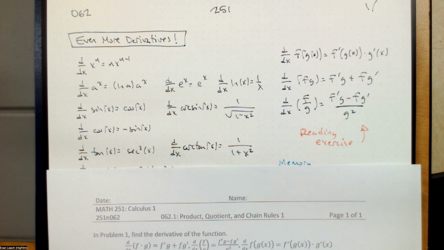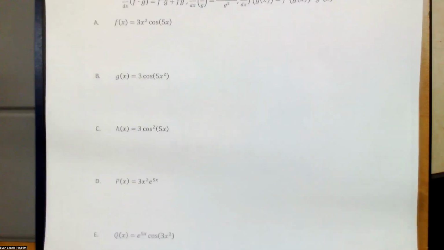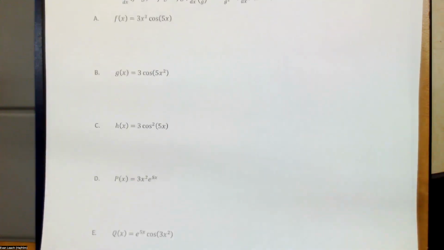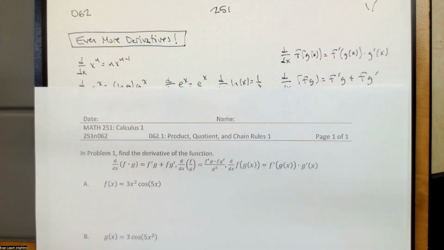So for this exercise, you're going to practice reading these functions. There are 6. I can't fit them all on one screen. Going to practice reading the functions and then apply the appropriate rules.